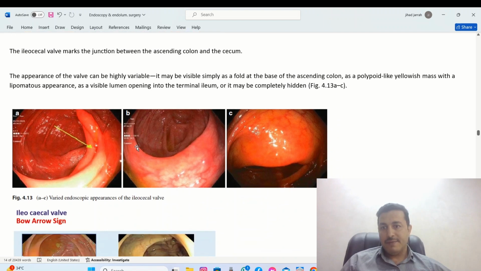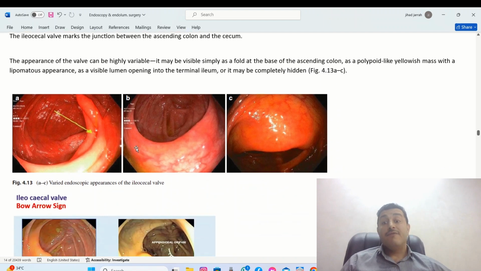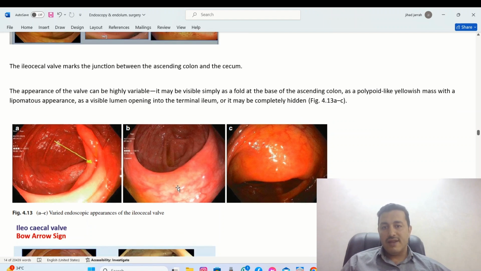Again, the ileocecal valve has a variable endoscopic appearance. Here you can see the location of the ileocecal valve. I think behind this fold is a lipomatous fat accumulation.